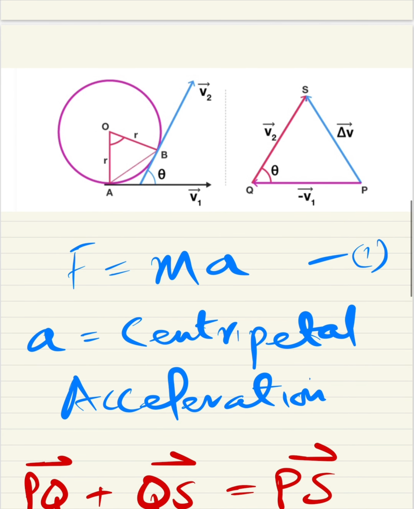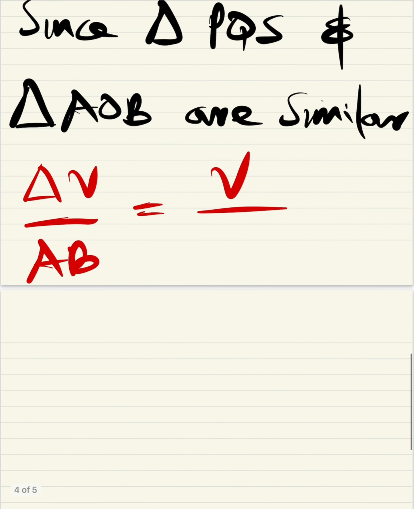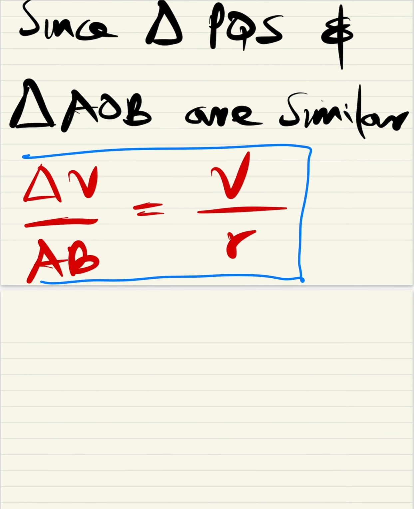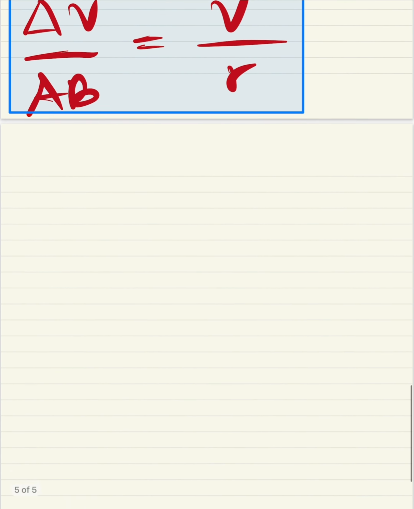What is constant here is the radius, and what is constant here is the velocity. So that's what we are saying. What is constant in the triangle AOB is the radius, which we take as r. This is what we are going to have, right? So now that is what we are going to use.